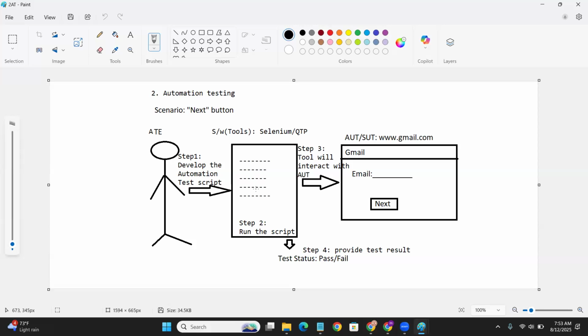Simply put, automating human activities in order to validate the application is called automation testing. Automation testing can be performed using either programming languages or scripting languages or using any one of the third-party automation tools like Selenium, QTP, Tosca, TestComplete, etc.